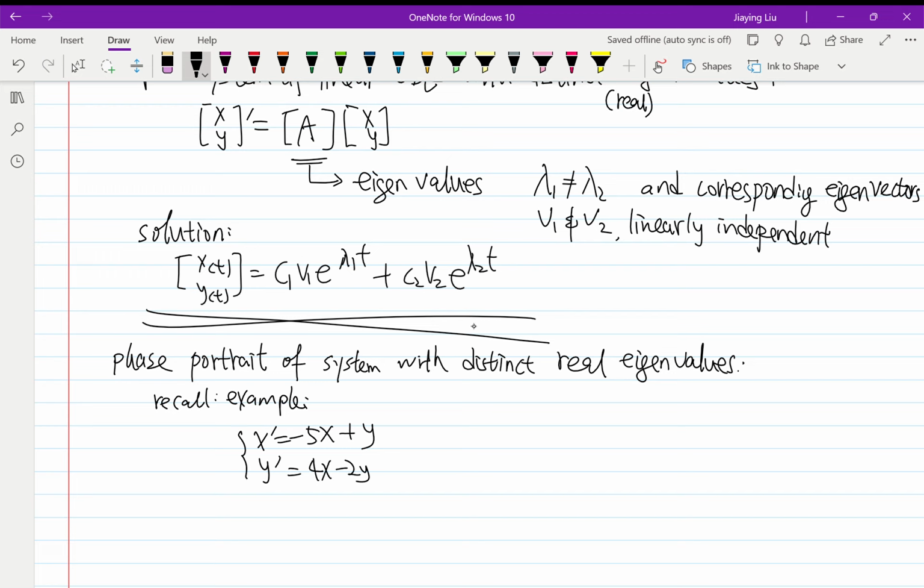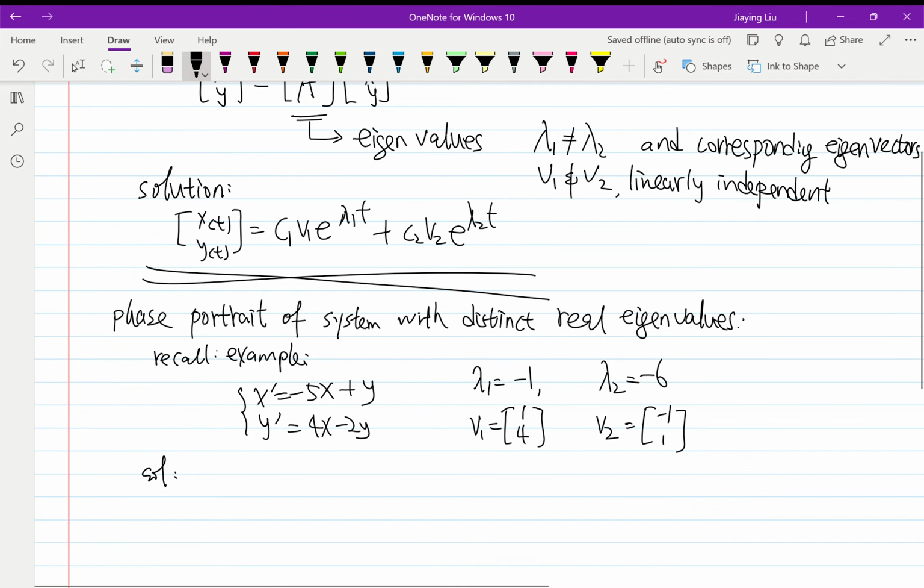When we solved this system last time, we ended up with lambda 1 equals negative 1, lambda 2 equals negative 6. Then v1 is equal to (1, 4), and v2 corresponding to lambda 2 is (negative 1, 1). And then we were able to write down the solution.